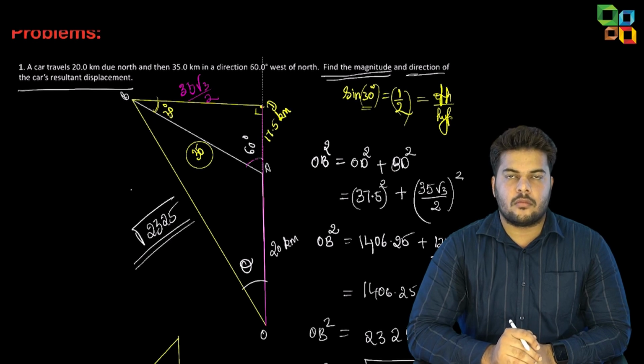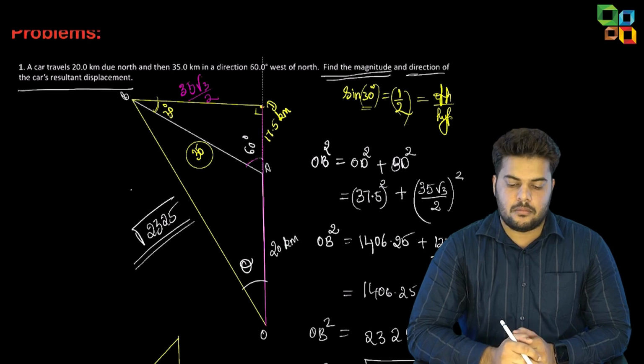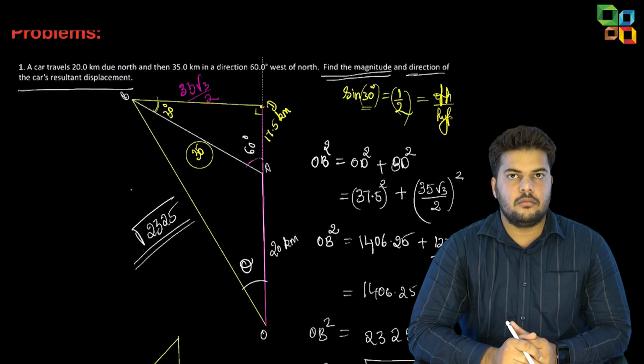I've just heard about it. So we know that sine of theta should give us 35 root 3 by 2 divided by root 2325. And if sine is multiplied to theta, you could divide it by sine and do something like that?